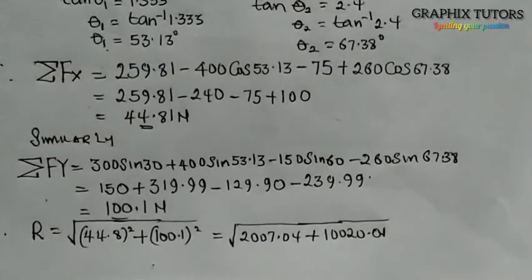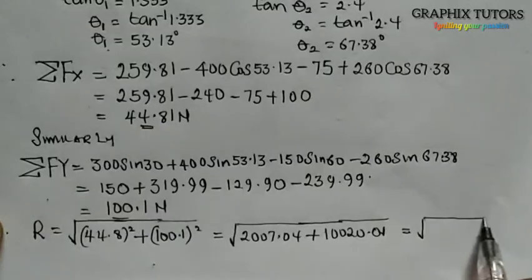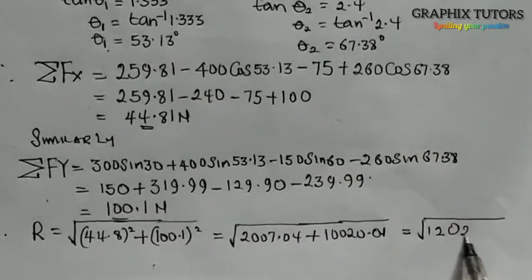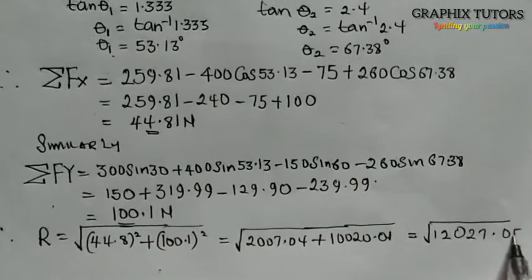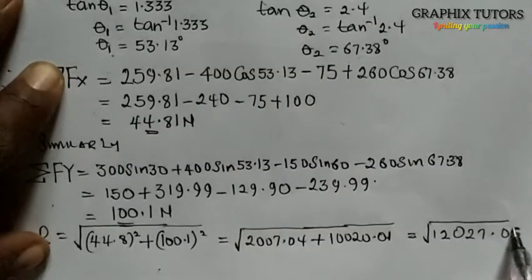Right? So if you add it, you'll be having 12,027.05. So this will give us the square root of 12,027.05.